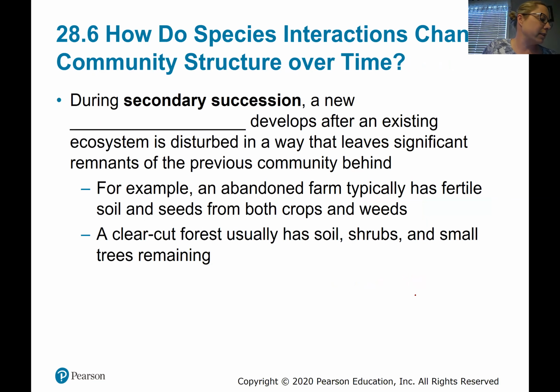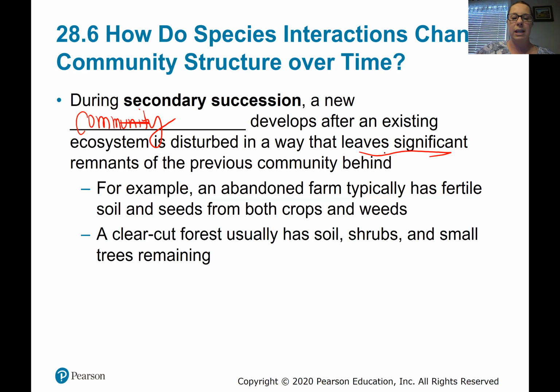With secondary succession, a new community will develop after an existing ecosystem is disturbed in a way that it leaves significant remnants of community members behind.